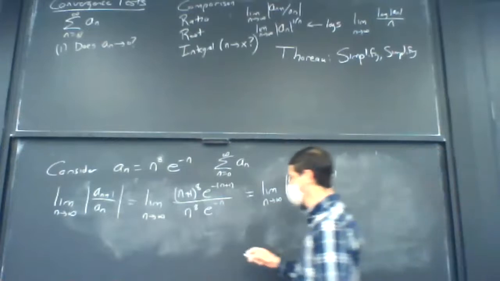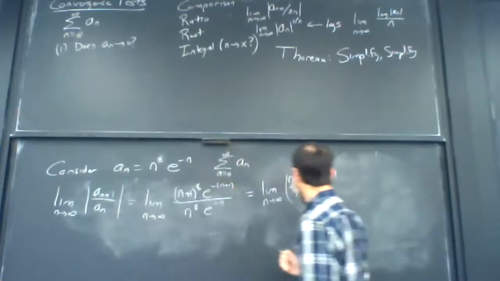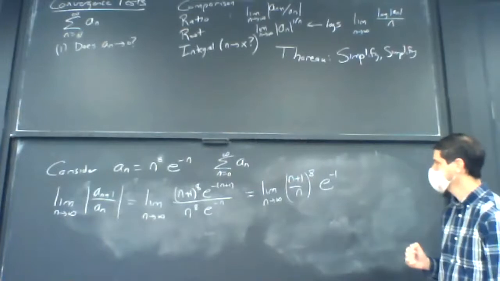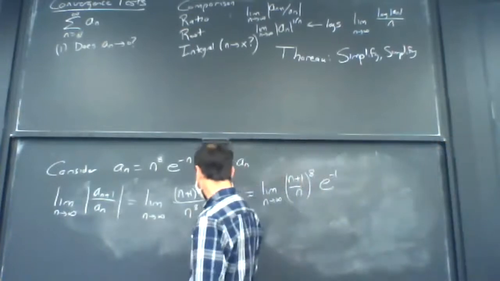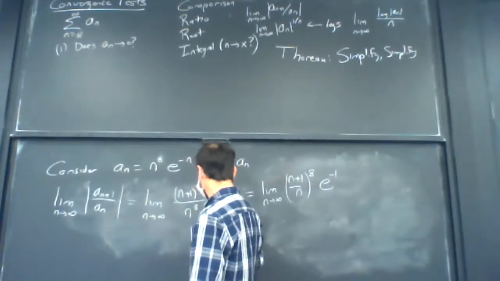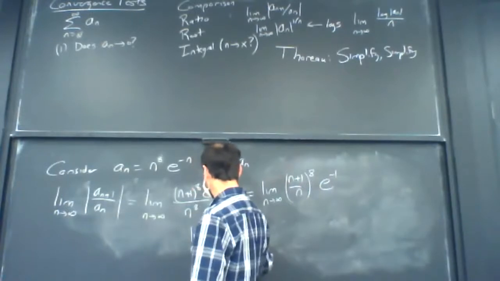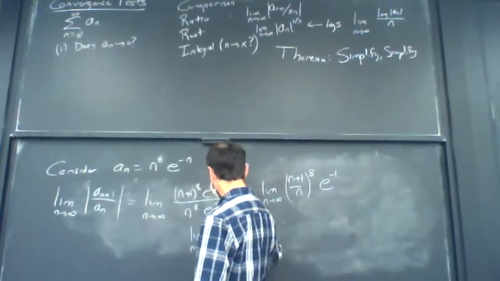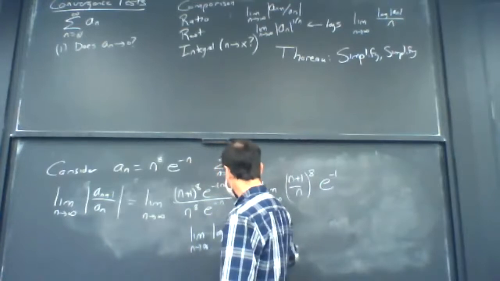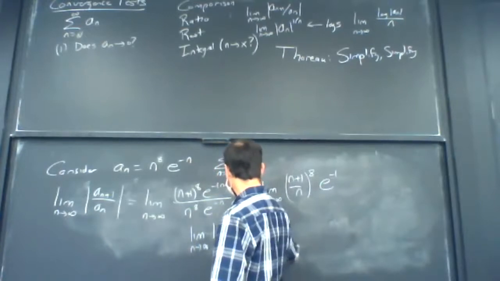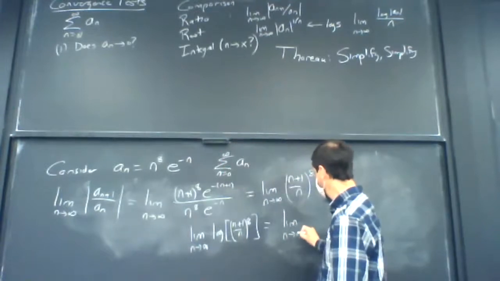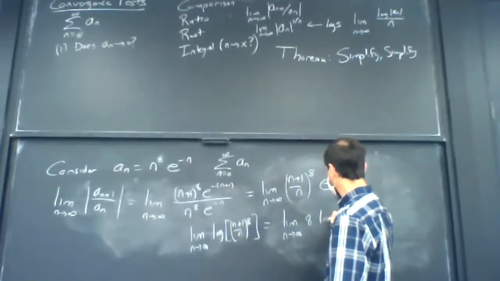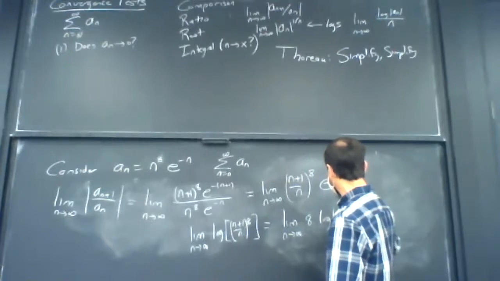One way you can see that is let's look at the limit as n goes to infinity of the log of (n plus 1 over n) to the 8. That's the limit as n goes to infinity of 8 times the log of n plus 1 over n.